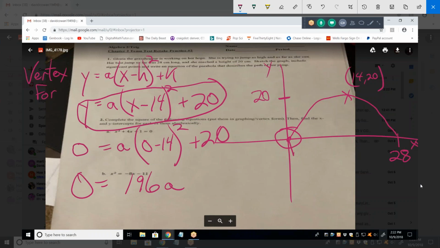I'm going to write it in the normal way, with the coefficient in front, plus 20. Now I can solve for a. How do I solve for a? You subtract 20 from both sides, and then you divide both sides by 196.